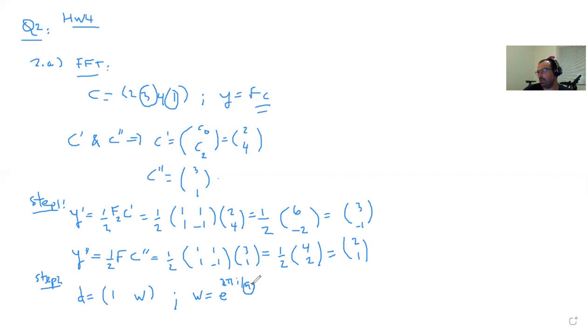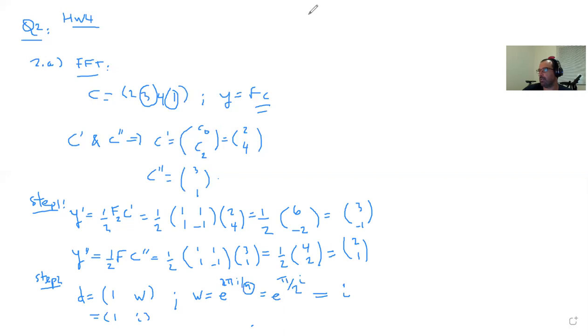Which n are we using? We are using n equals 4. So it's going to be e to the power pi over 2 i. So the W itself is just i. So basically D is 1, i.